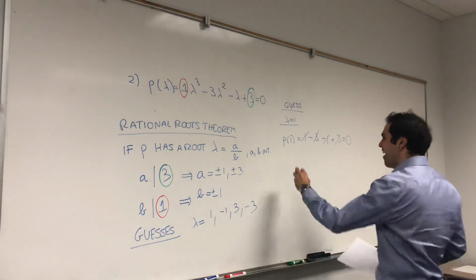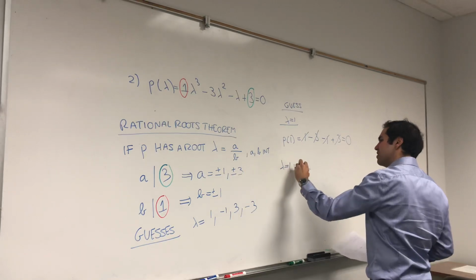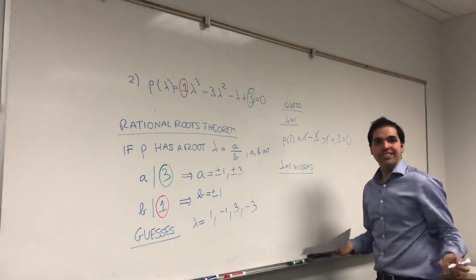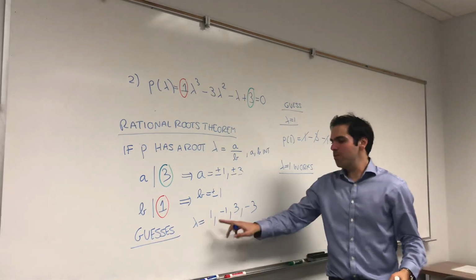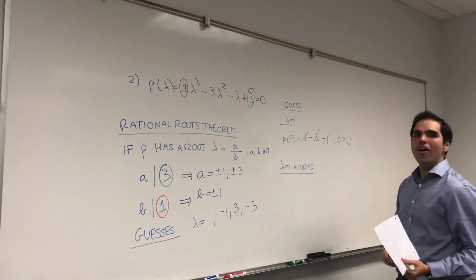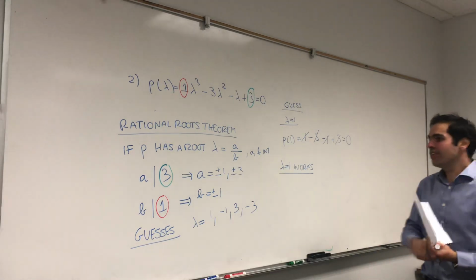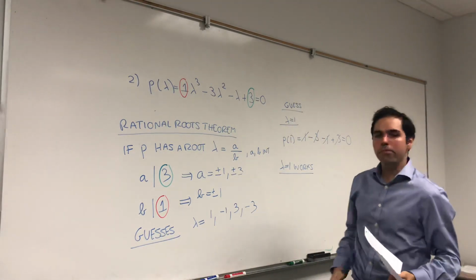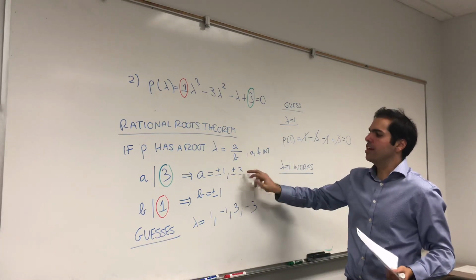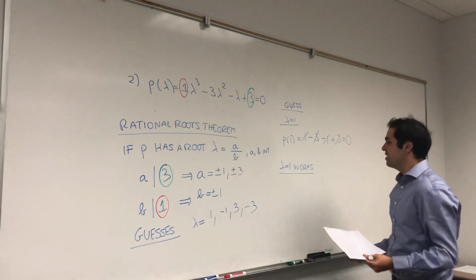Bingo! So in fact, lambda equals 1 works. Suppose this doesn't work. No problem. You would go to the next root and see what happens, and so on and so forth. And if none of them works, either the problem is too hard or you made a mistake, either here in finding a and b.